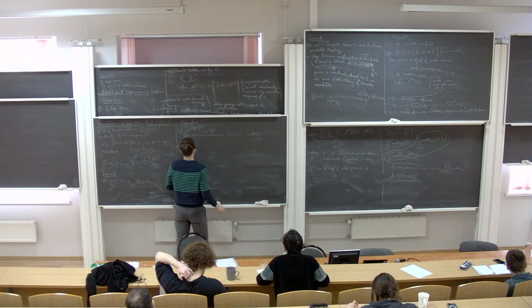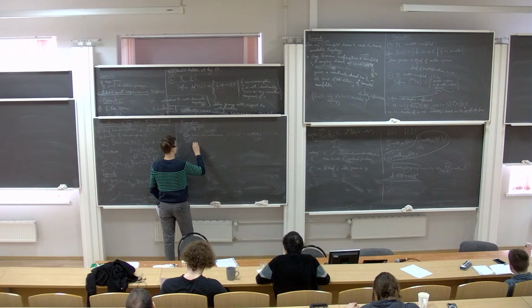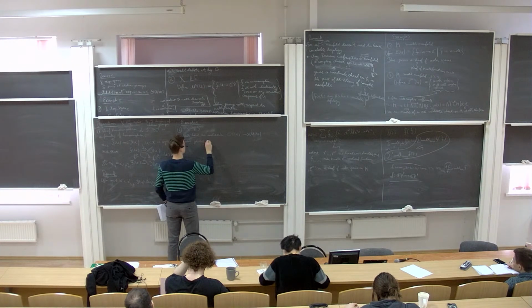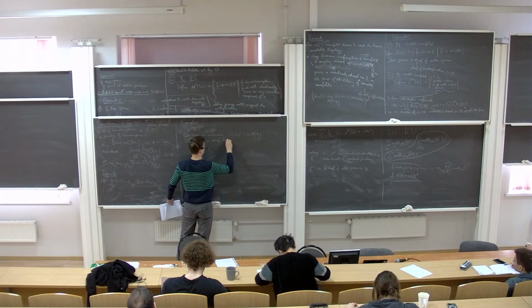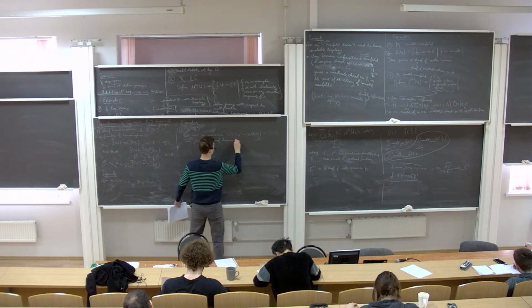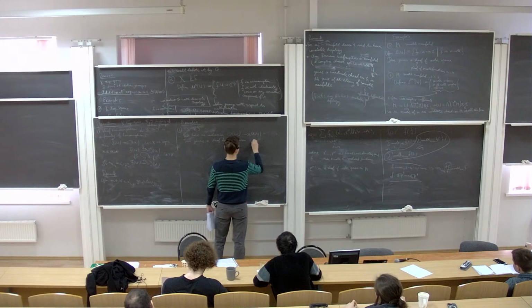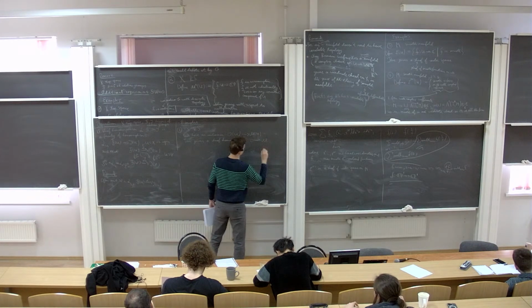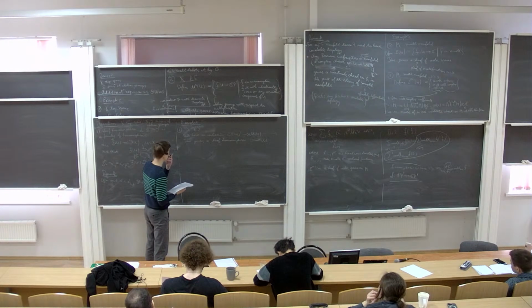So this gives a sheaf homomorphism from O to M, given just by this natural inclusion.